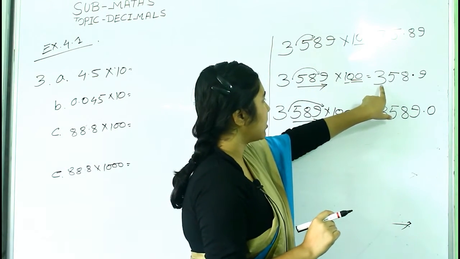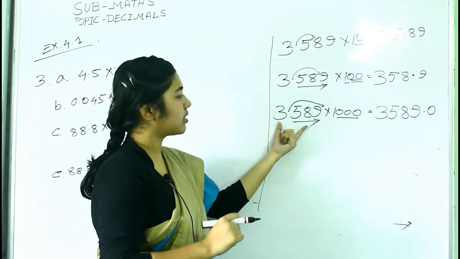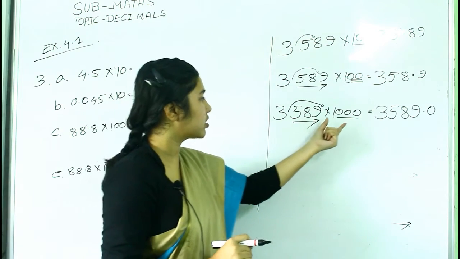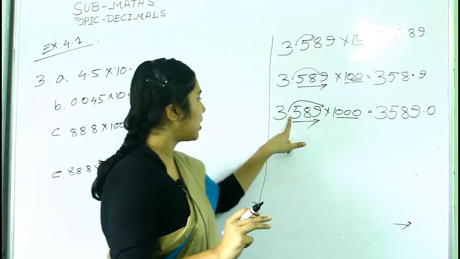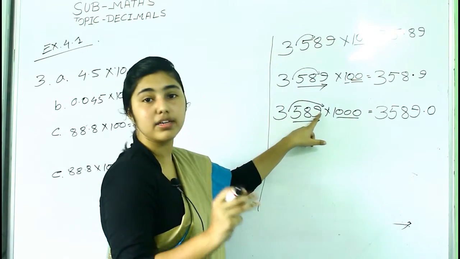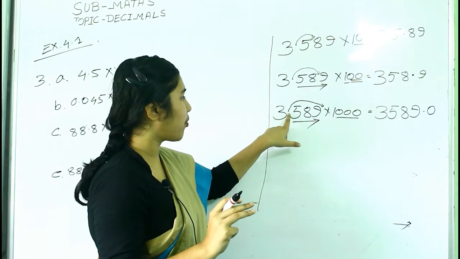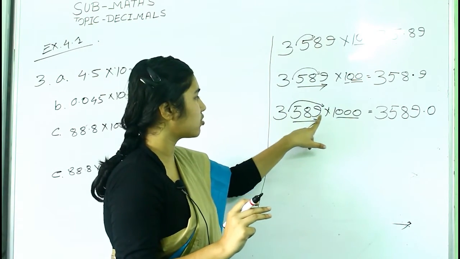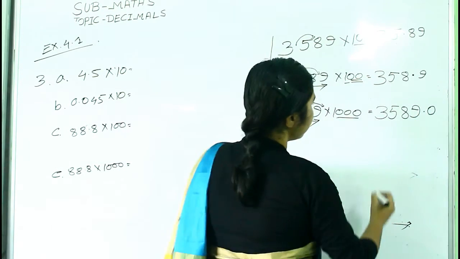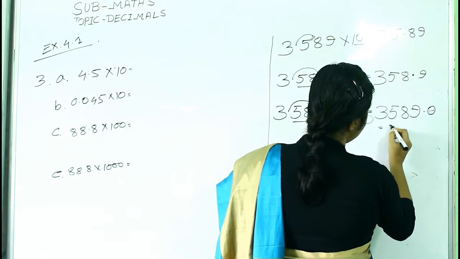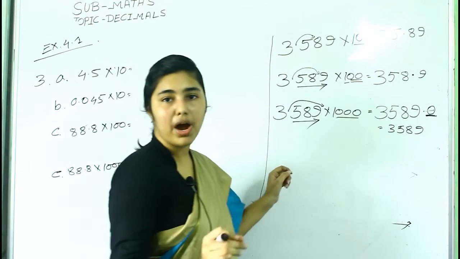So our answer is 358.9. And if we multiply any number with 1000 where 1 is followed by 3 zeros, then the decimal point will shift the same number of places as zeros, which is 3. So the decimal point will shift 1, 2, 3 places. Now we can write this number as a whole number because here the decimal part is 0.